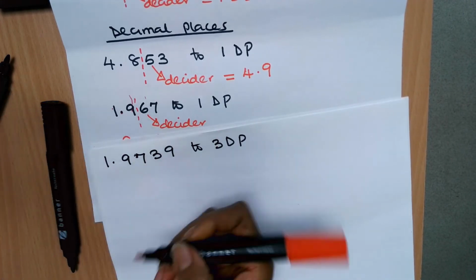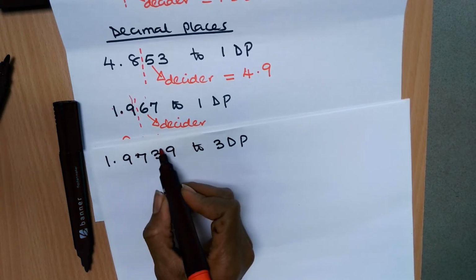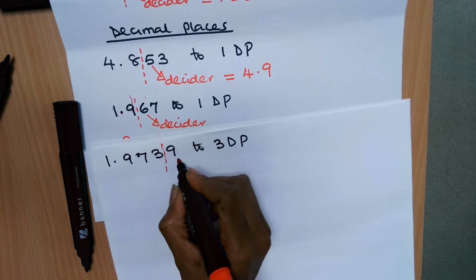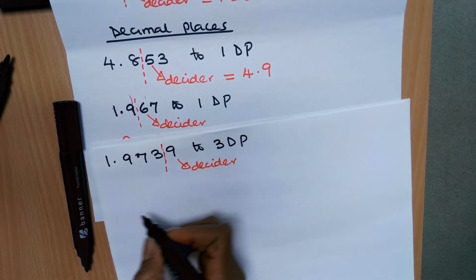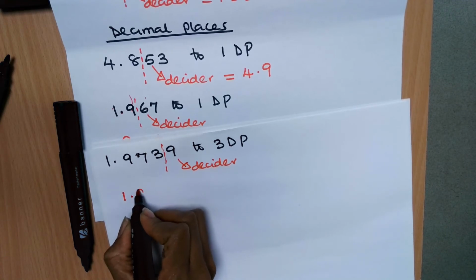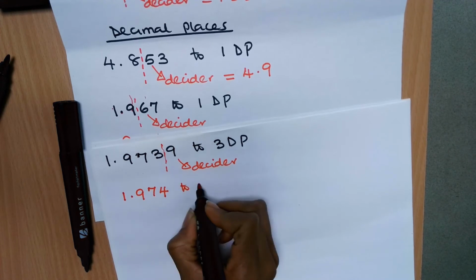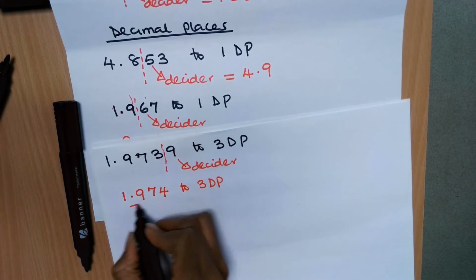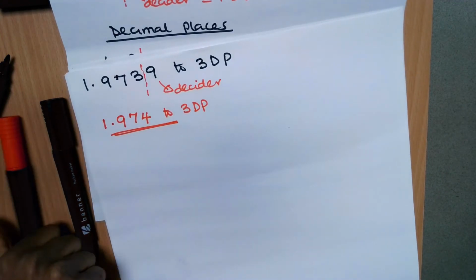So what we do in this case is count 1, 2, 3 digits after the decimal, put our dotted lines here. The 9 becomes the decider again, and then rounding to 3 decimal places, we've got 1.974. This is our answer. Okay?